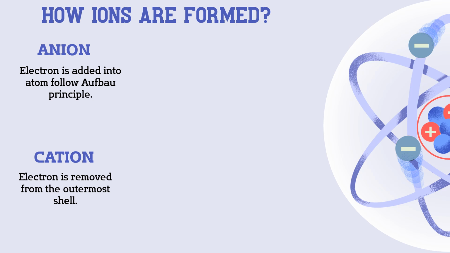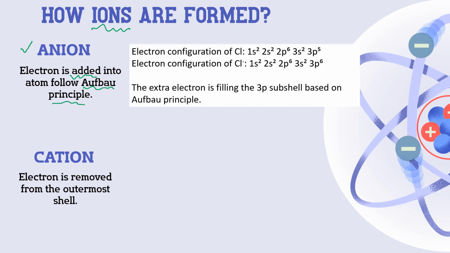Now let's recall how to write the electronic configuration for ions. As we know, there are two types of ion. First is the anion, where electrons are gained and added into the orbitals following the Aufbau principle. Let's look at one example. The electronic configuration for chlorine goes up to 3p5.